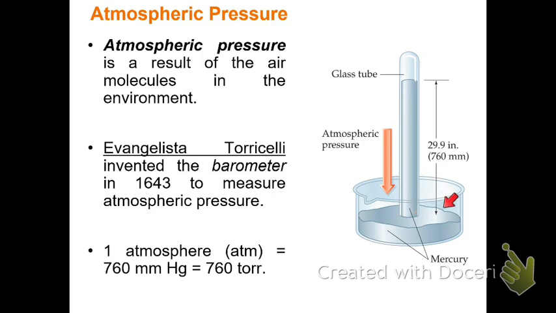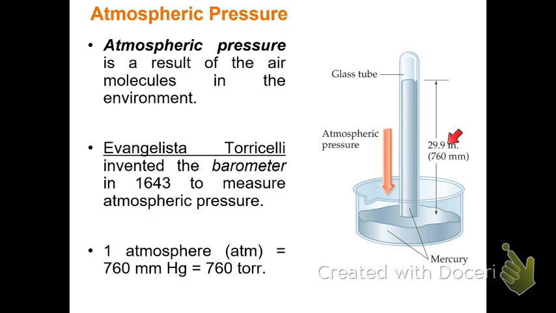So, for example, if you were to measure the atmospheric pressure right now, and you get this height, 29.9 inches of liquid mercury, then that is the atmospheric pressure in that city. And you can always convert this to other units of pressure.